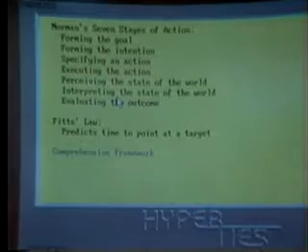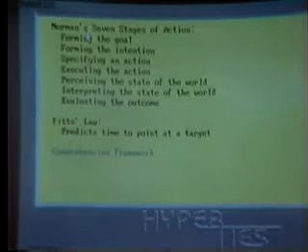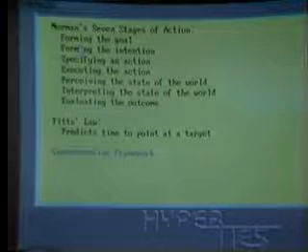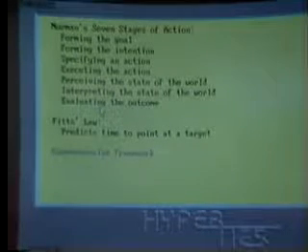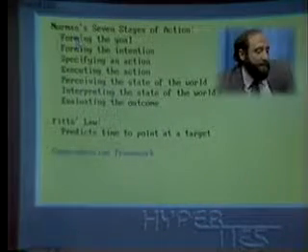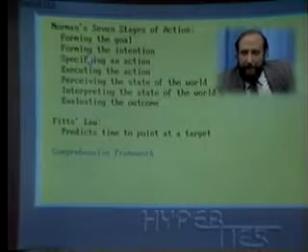First, they form some goal, then the intention, they specify an action, and in that critical moment they execute the action. Then they see what's happened, they interpret it and evaluate it, and return to forming the next goal.